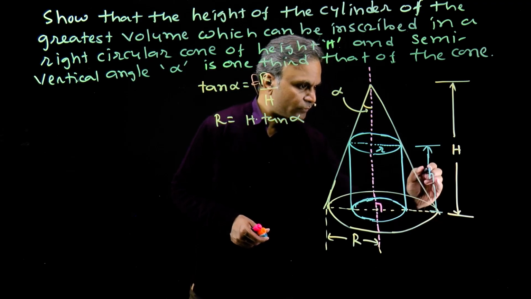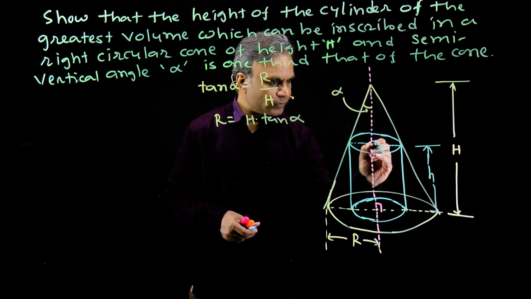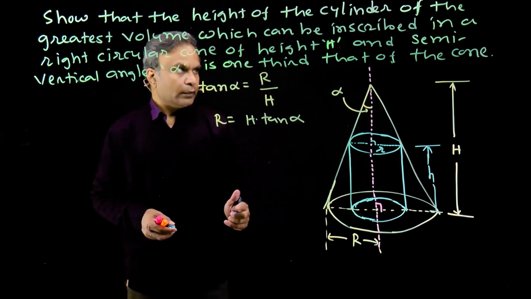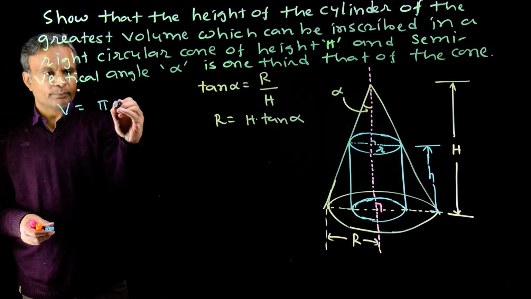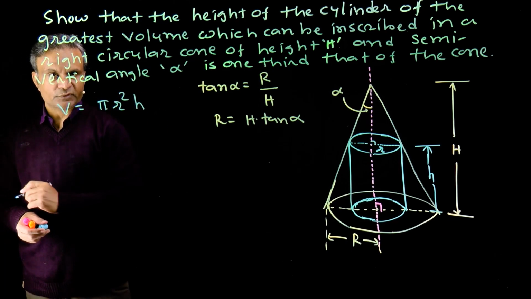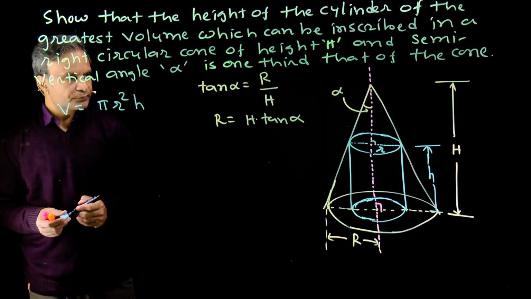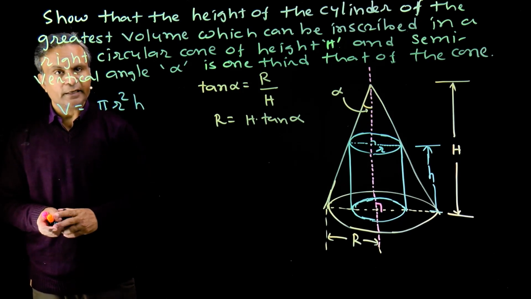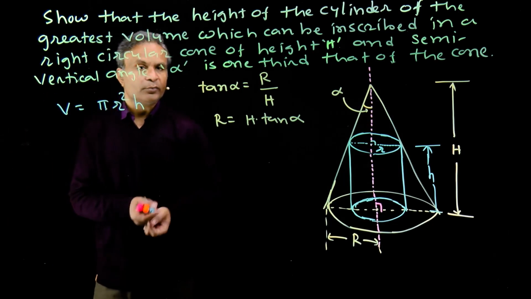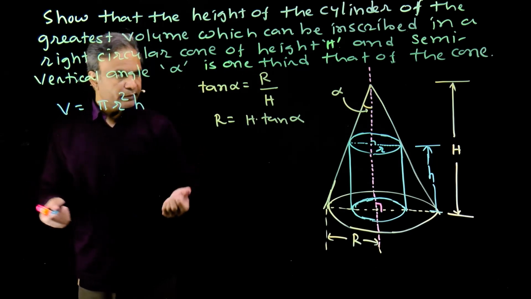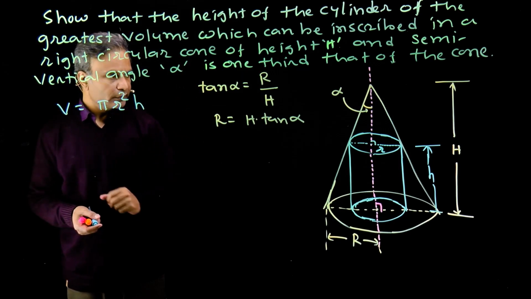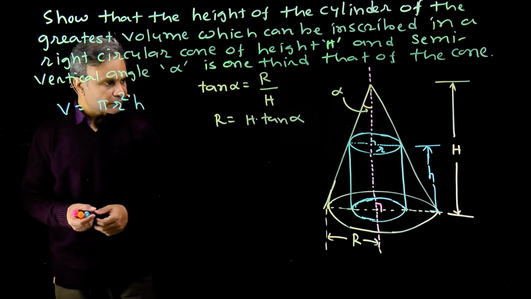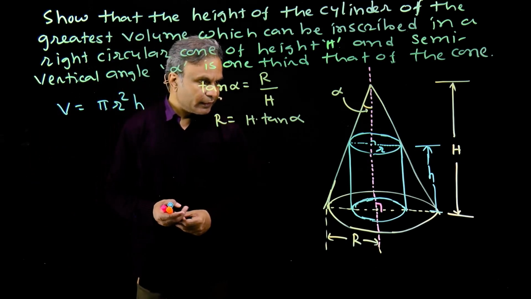Now the volume of the cylinder is pi r square h. Here we have two variables r and h, so we need to relate r and h so that we can eliminate one of the variables. How will we relate r and h?